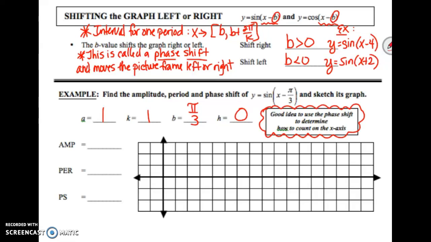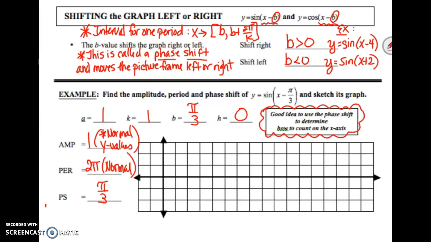Okay? Hang on, I'm going to fill these in here. So our amplitude is 1, which means we have our normal y values of -1 to +1. Okay? Our period is 2 pi. So that's a normal period. We're not changing our period. But our phase shift is pi over 3. Okay, so what does that mean as far as our graph goes?